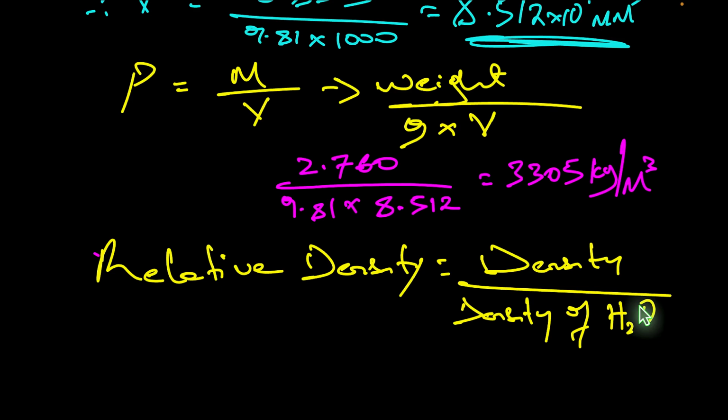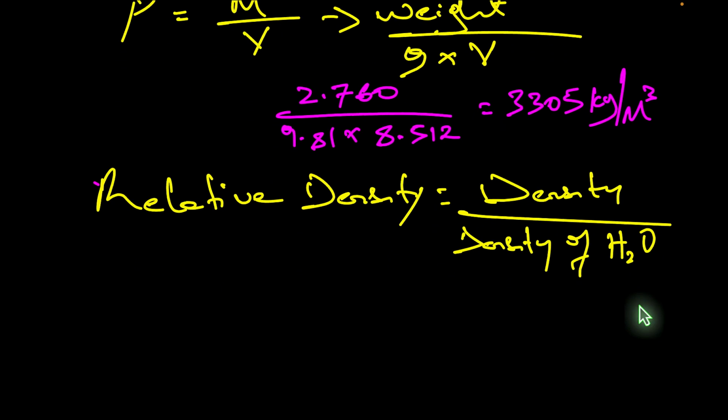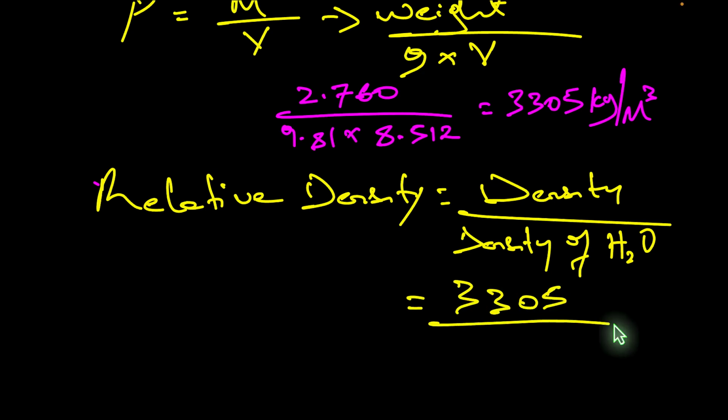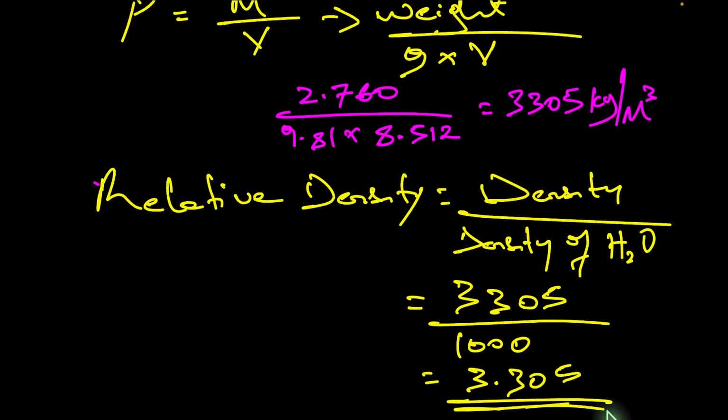So what we have here then is the density that we calculated previously, which was 3,305, and that will be divided by 1,000. So we have a relative density of 3.305. And that will have no unit because the kilograms per meter cubed will cancel out. So that's our final answer there for relative density.